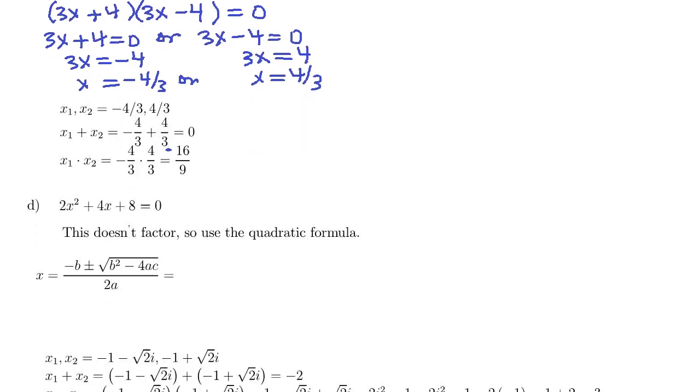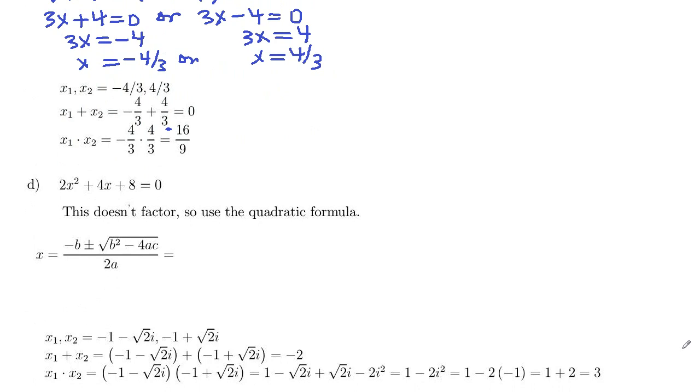And then the last one, 2x squared plus 4x plus 8 equals 0. That one doesn't factor, so we're going to use the quadratic formula. Let's first divide through here by 2 all the way across. Simplify that. So we'll have x squared plus 2x plus 4 equals 0.